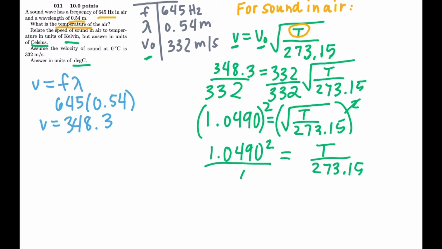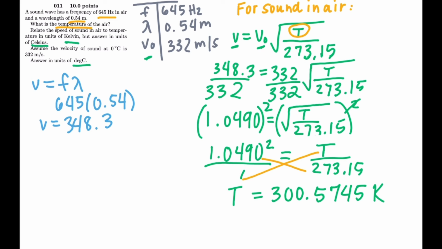So basically we multiply 1.0490 squared times 273.15, and T just gets brought down because T times 1 is T, and that should give us T equals 300.5745. Okay, but that is in Kelvin.